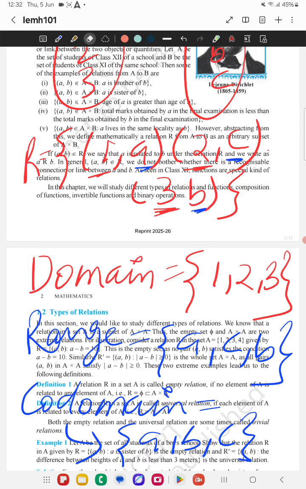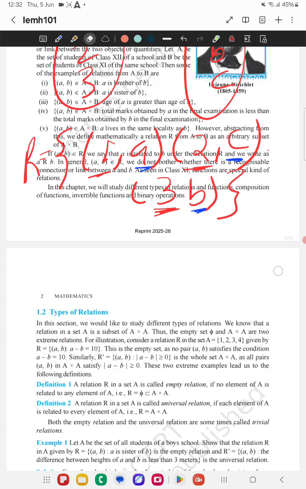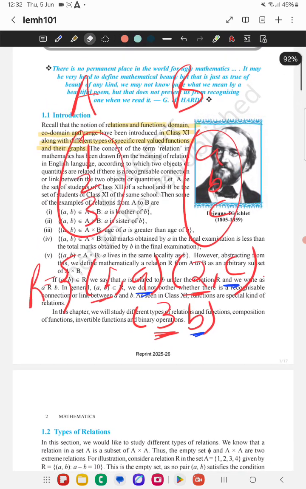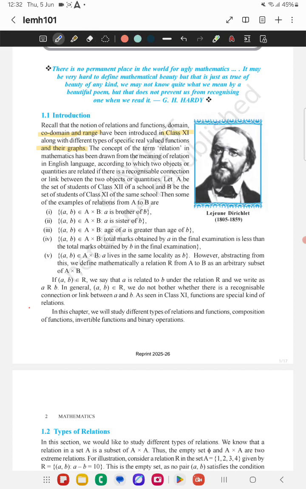Then you have done the functions and their graphs, like if you remember the graph of the constant function. Then the signum function, then you have done the identity function.